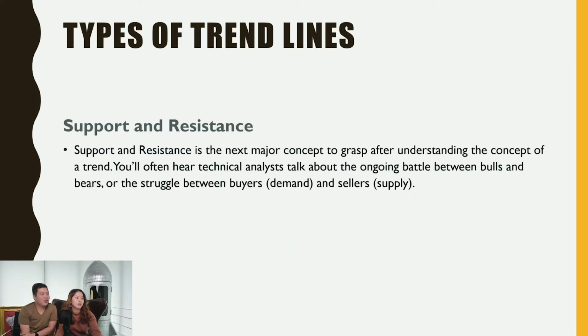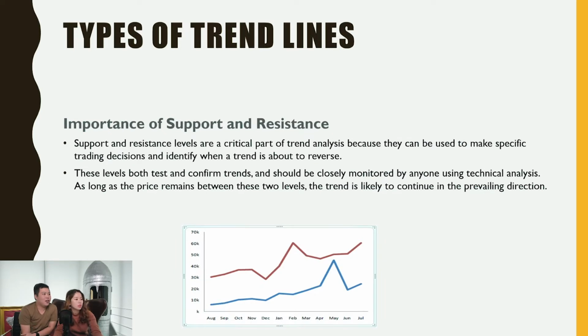Okay. Next. After we understand trend lines, which he didn't actually fully explain, we go to support and resistance. So it is about the ongoing battle between bulls and bears, or the struggle between buyers and sellers. Still tells me nothing. Okay, support and resistance levels are a critical part of trend analysis because they can be used to make specific trading decisions and identify when a trend is about to reverse.